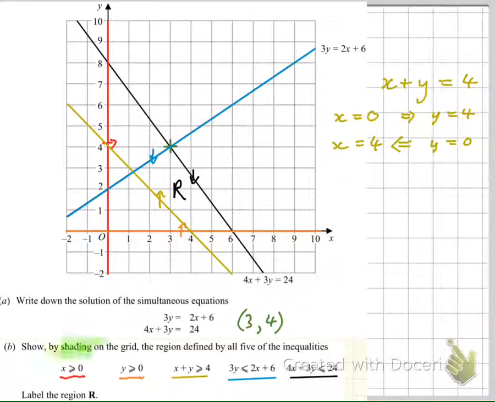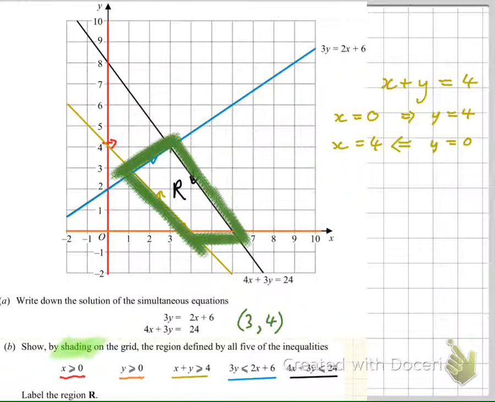But also note that it does say we need to show by shading it as well, and the clearest way to do that is to very lightly, probably lighter than I've done it here, lightly shade around the outside of the region, just leaving the R inside unshaded. Try to avoid shading in. Some people shade the whole diagram, which, you know, that's valuable minutes of your exam just ticking away, and it's a waste of time, so don't do it.